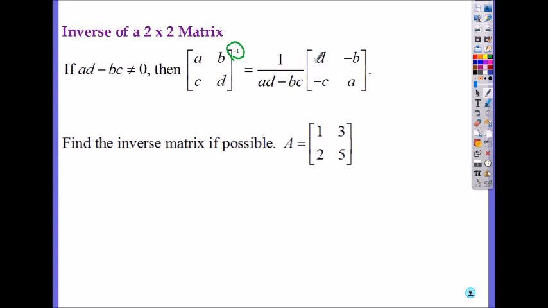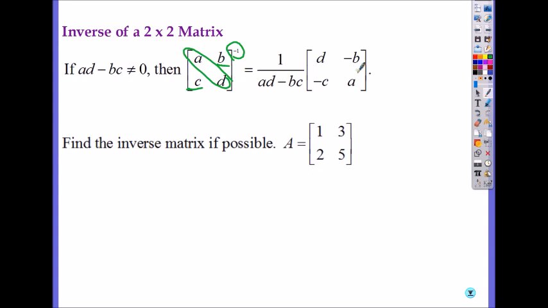What do you do with A and D? You flip these two, you see how you flip them? And what happens to B and C? You make them opposite. If it was positive, it becomes negative. If it was negative, then it becomes positive. Then that becomes the inverse matrix.